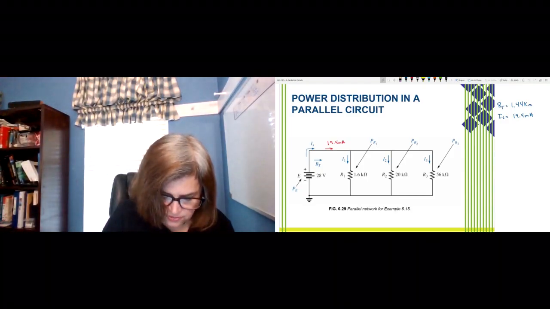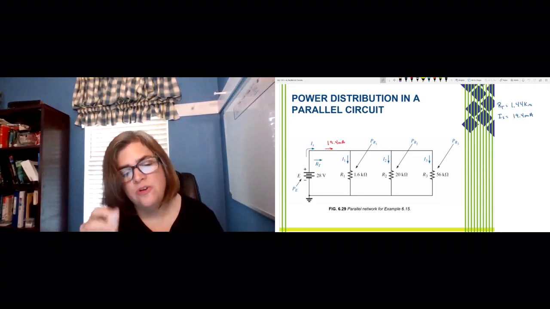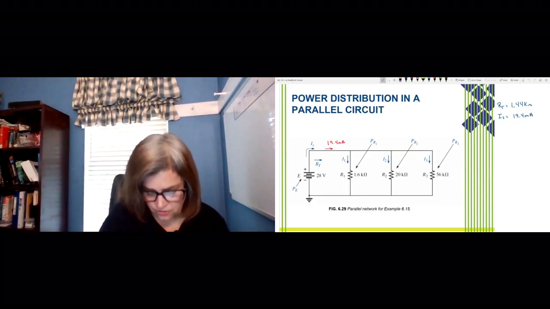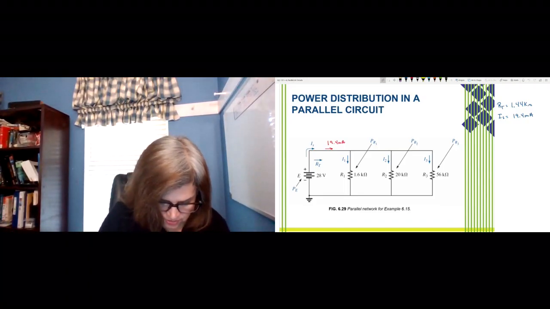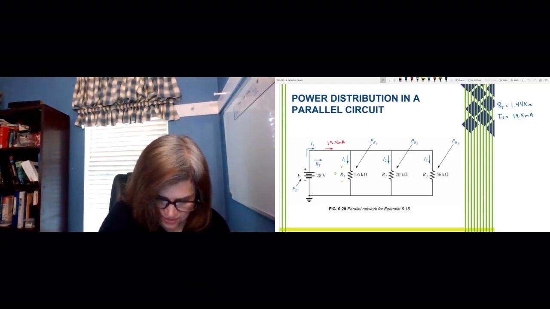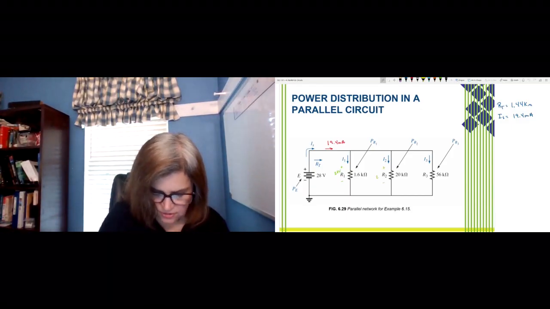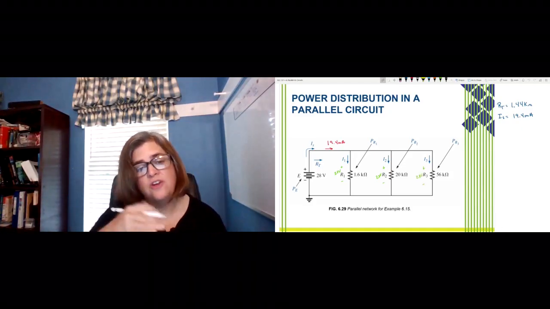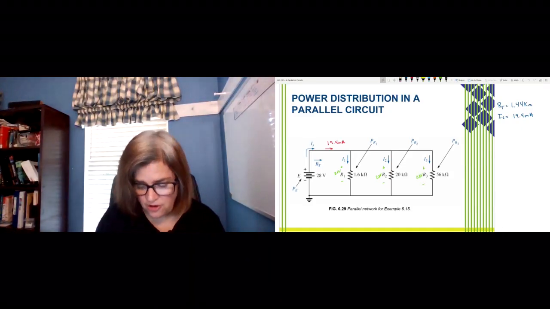Now remember also, our R1, R2, and R3 are all in parallel with the source. And the important thing about that is that we know we've got 28 volts across each resistor, and that will allow us to find the current through each branch of our circuit.